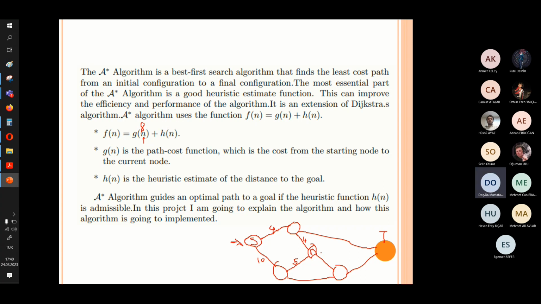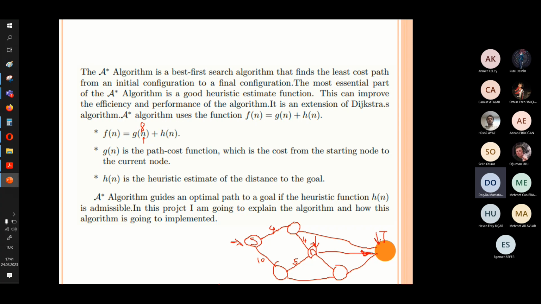Hn is the heuristic distance. It is not the actual distance, but your estimation of the current node's distance to the target node.